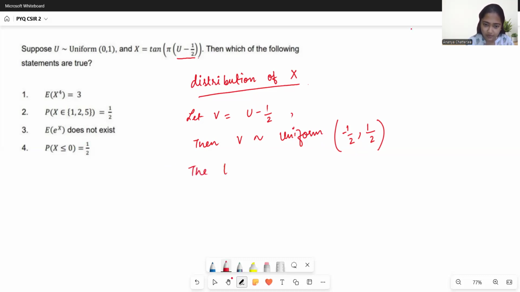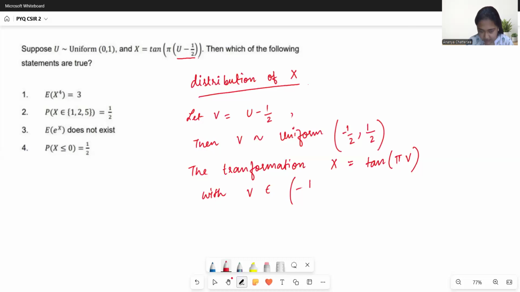Now the transformation here, that is x is equal to tan pi v, that is u minus half, is strictly increasing where v belongs to minus half, comma, half.